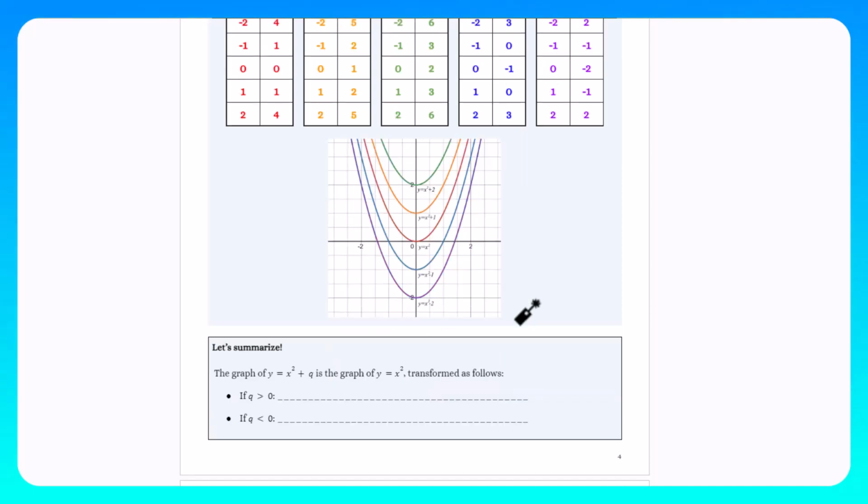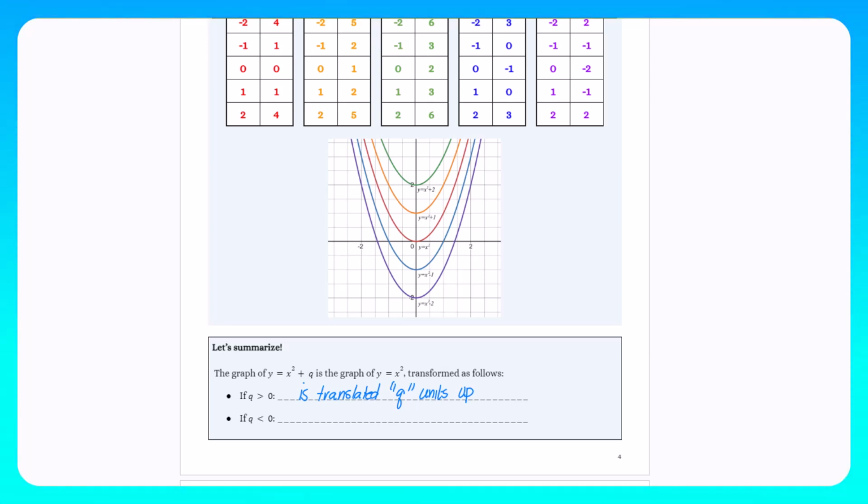In other words, if Q is greater than 0, we say, and here's some fancy new words for us, we say that the parabola is translated Q units up. And translate is just a word for move.